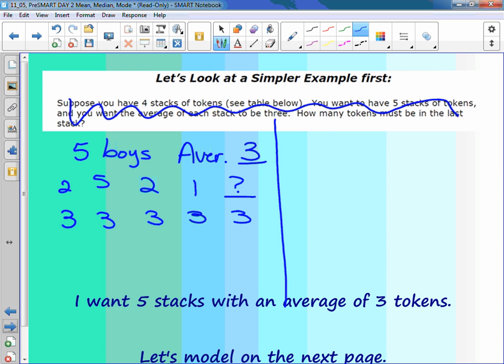You might call it multiply, then add, and then subtract. Okay? So, here's what you do. If you know the average is 3 and there's 5 boys, take the average times 5 boys. You know you need 15 pairs of shoes.